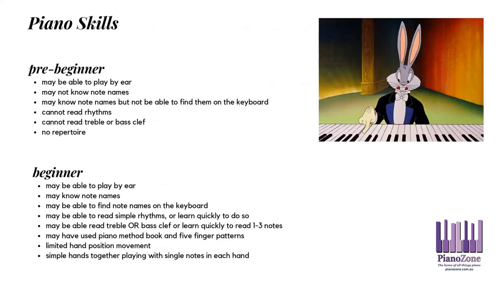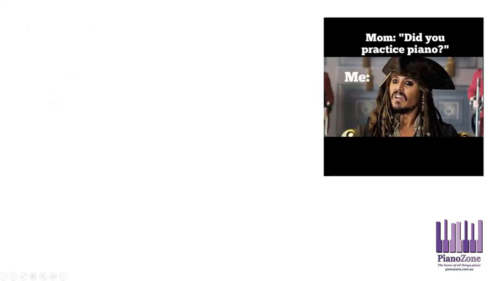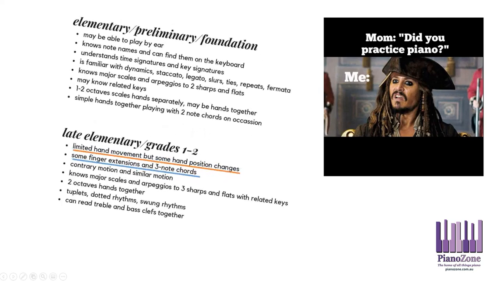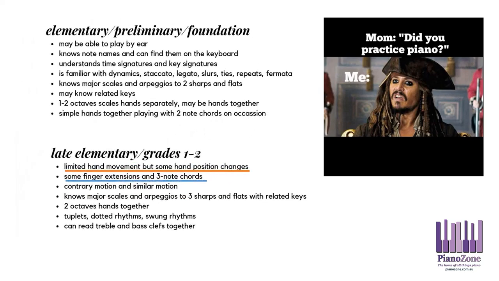For preliminary to grade 1, keep in mind what skills the student has based on the method book or teaching philosophy you have. Most students will have these skills. Elementary players will be able to sit for a preliminary, grade 1 or grade 2 piece when they are confident in some hand positions, some finger extensions, and some 3-note chords.